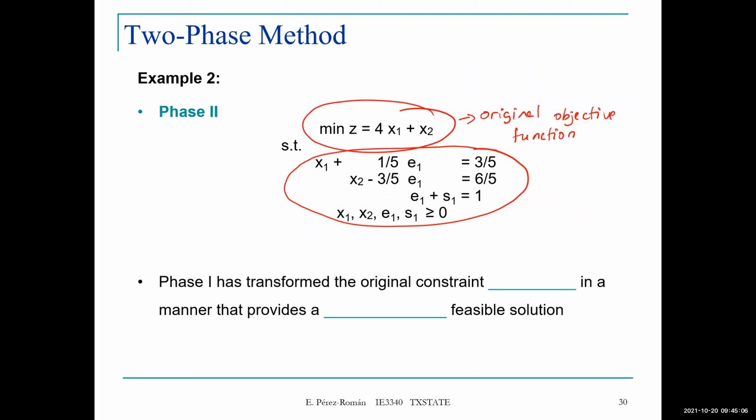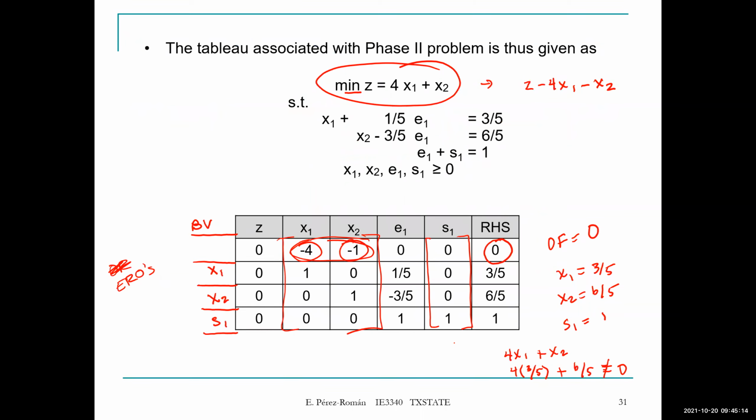So phase 1 has transformed the constraint equations in a manner that provides a starting basic feasible solution for our problem. To solve this new problem for phase 2, we're going to use the coefficients from phase 1, but now with the objective function from the original problem.